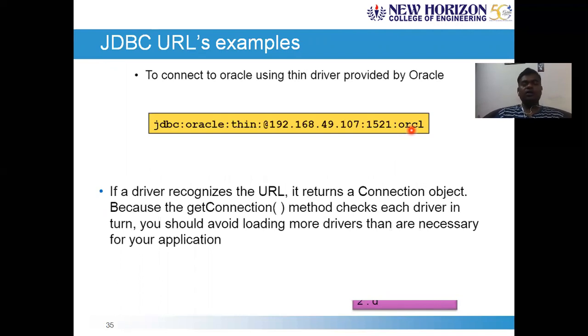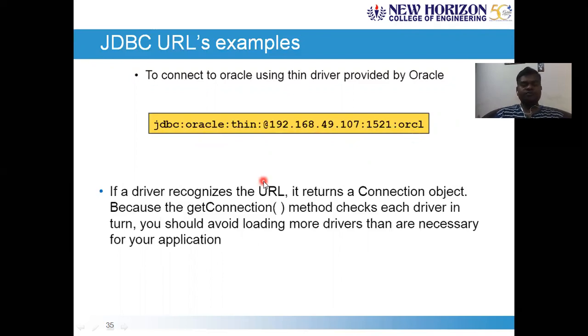So in the URL, there are a number of components. One is protocol, subprotocol, nature of the driver, and the server IP address, so that is local or remote, followed by a port number and type of driver. So that is the Oracle driver or the Express Edition driver.